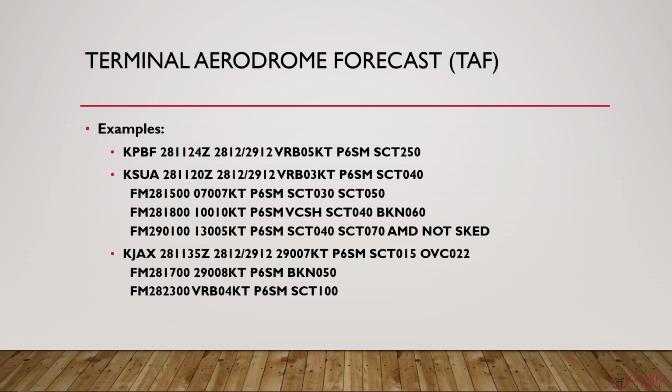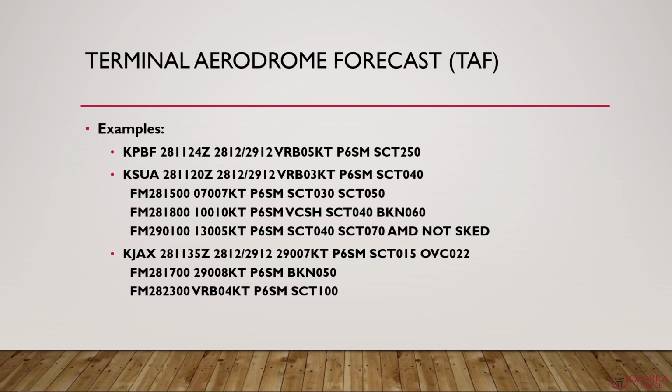But then from the 28th at 1800 Zulu, the wind changes to 100 at 10 knots, greater than 6 statute miles of visibility, but there's showers in the vicinity. The VC stands for vicinity, and the SH stands for showers. There's a scattered cloud layer at 4,000 and a broken cloud layer at 6,000.